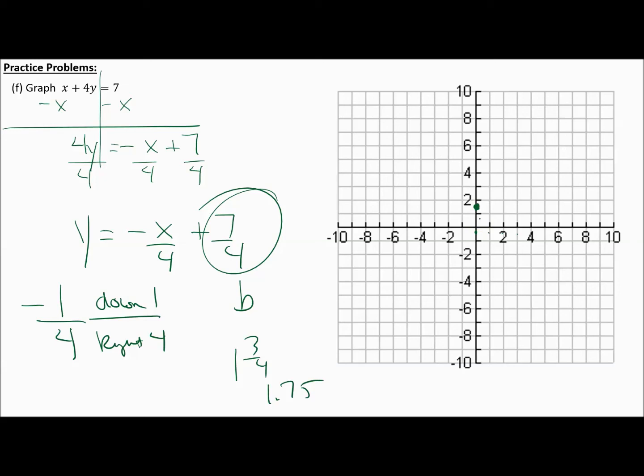I counted down 2. I don't know why. 1, 2, 3, 4. So you're at 4.75. And I count down 1 again. Let's try that. I count down 1, 1, 2, 3, 4. Now I'm at 8, negative 0.25. And I connect the dots.